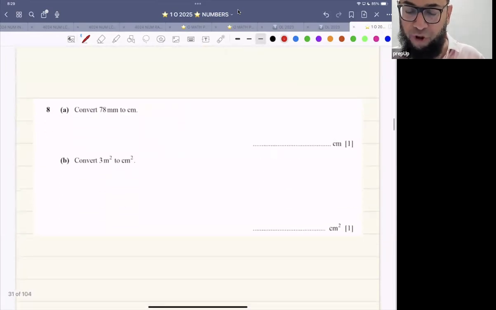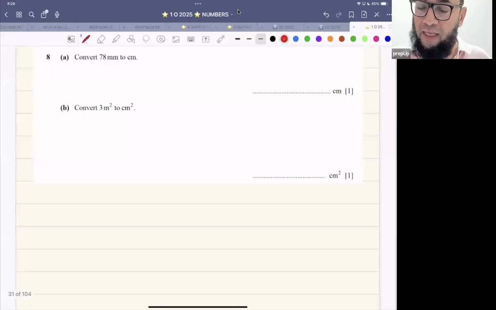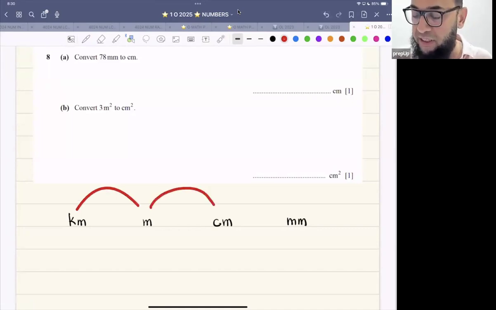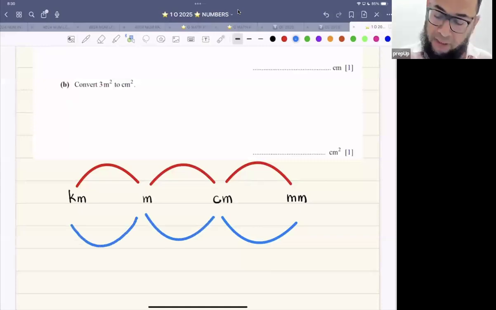Another estimation, conversion, yeah. Now when we talk about conversion, if we talk about kilometers, meters, centimeters, millimeters. Remember this rule, kilometer to meter, meter to centimeter, centimeter to millimeter, millimeter to centimeter, centimeter to meter, and meter to kilometer.